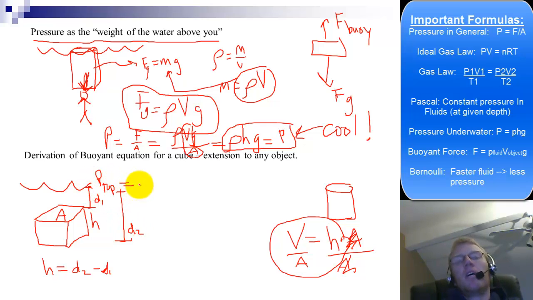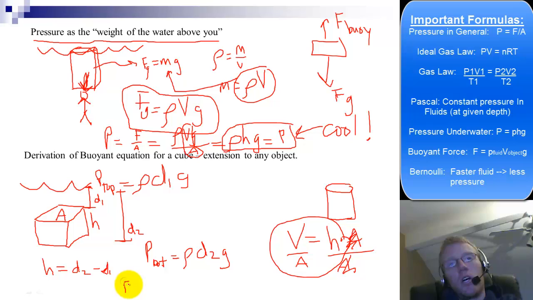Pressure on the top is going to be the density of water times d1, the depth at the top, times gravity, and the pressure at the bottom is going to be density times d2 times gravity. And now therefore the force on the top, it's kind of like what we're doing up here. The force is pressure times area.